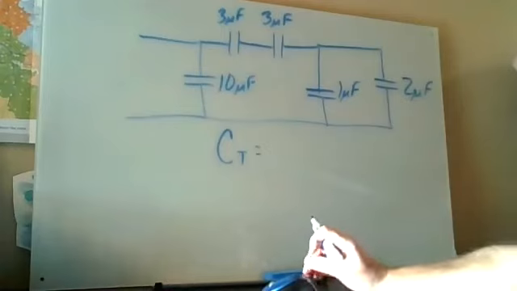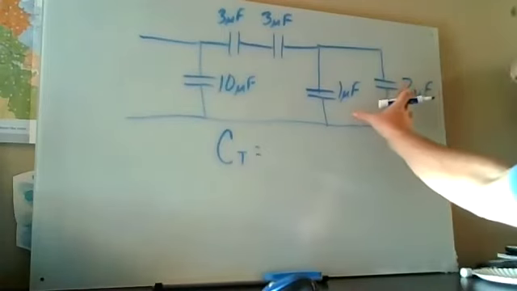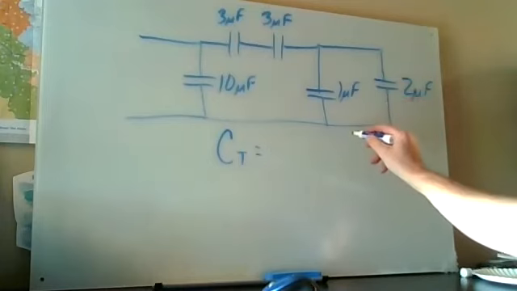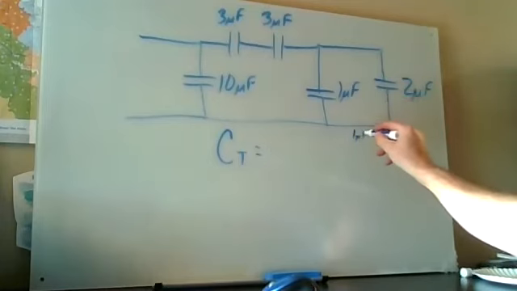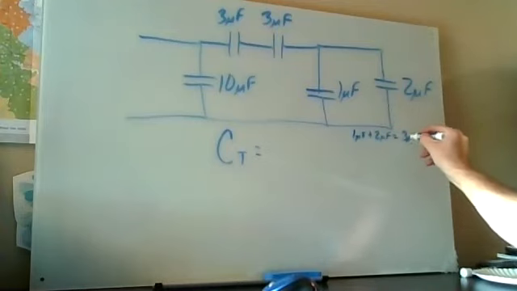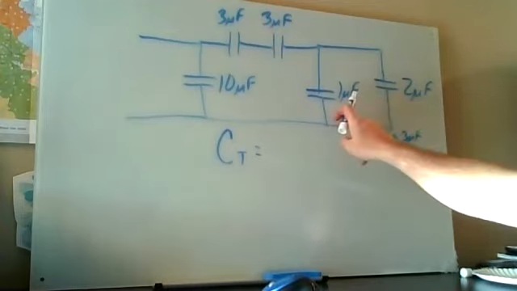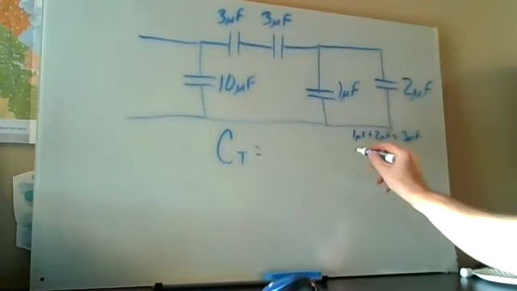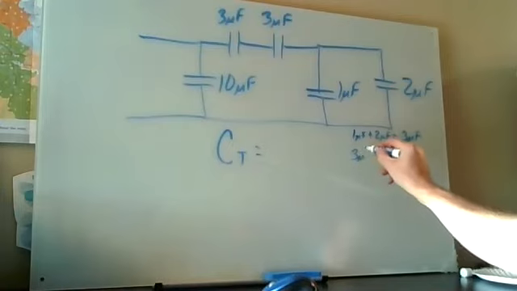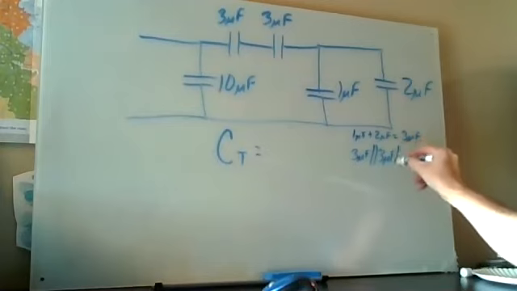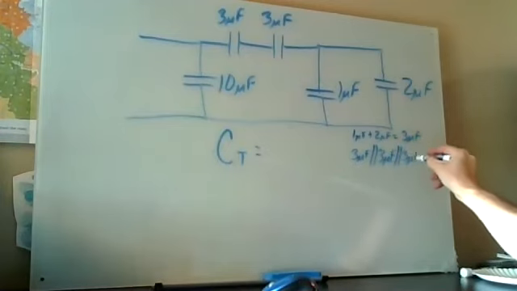Remember, it's series parallel. So I start farthest away. What do I got? These 3 microfarads. 1 microfarad plus 2 microfarads equals 3 microfarads. So now I got a 3 microfarad here. Those are all in series, so it's 3 microfarads in series with 3 microfarads in series with 3 microfarads.